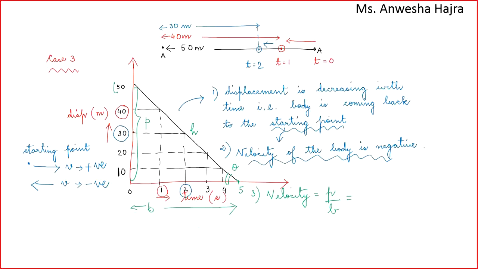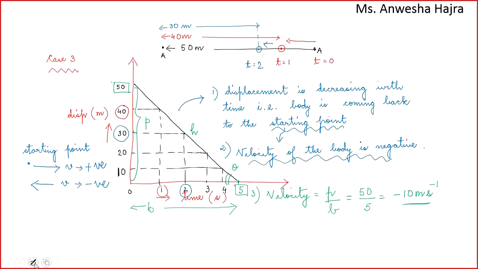Perpendicular is 50. Base is 5. So velocity is minus 10 meter per second. Body is coming back means velocity is negative.